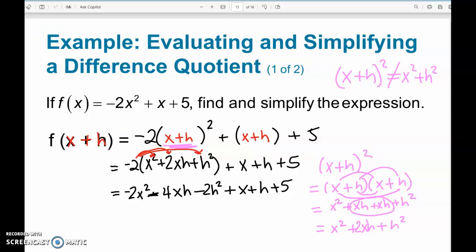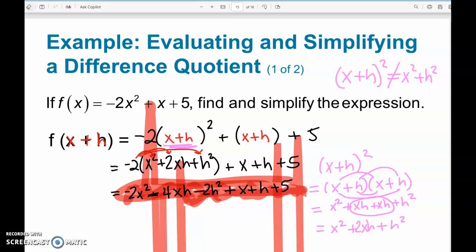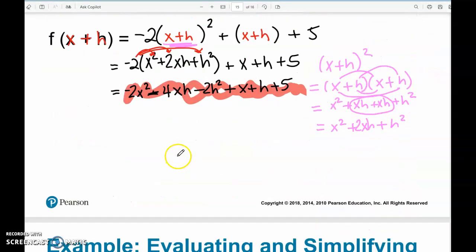Because remember, this whole thing here, my highlighter does not like this page. It wants to make vertical lines. This whole thing here is the first part of the difference quotient.